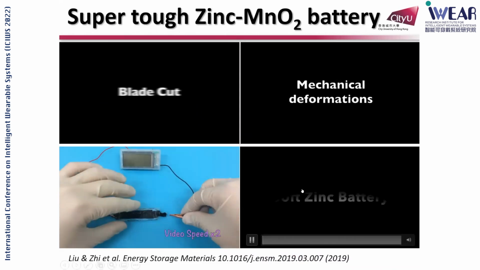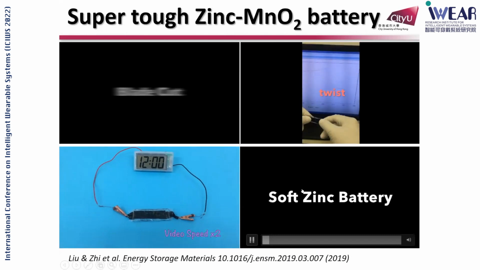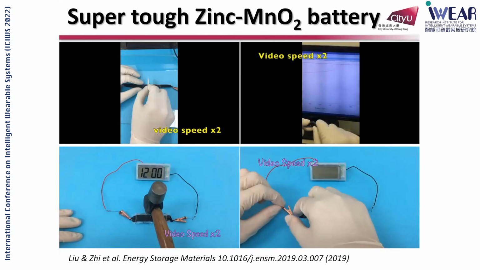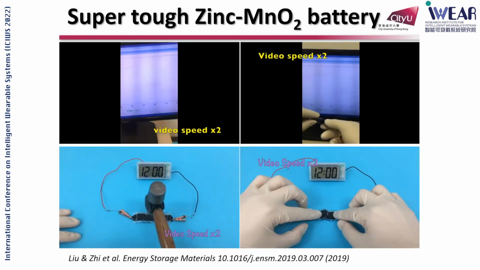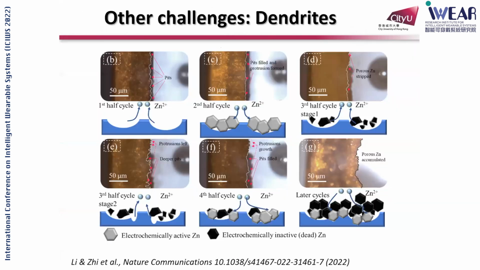zinc manganese batteries, for example. We can also do anything to this device to demonstrate the very good toughness. But honestly speaking, we do find more and more problems in the flexible battery devices. That's an issue.